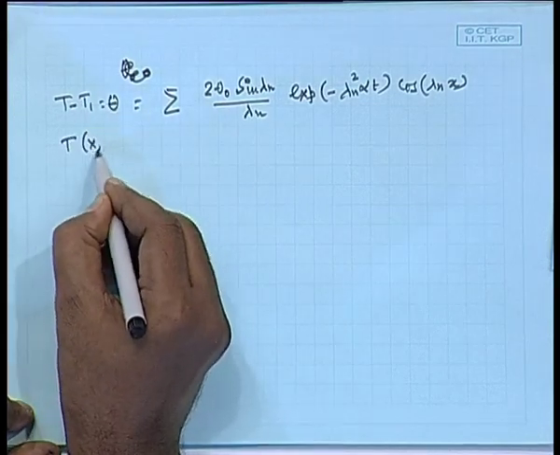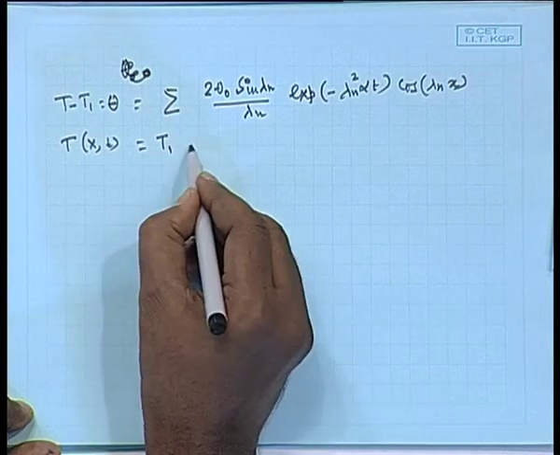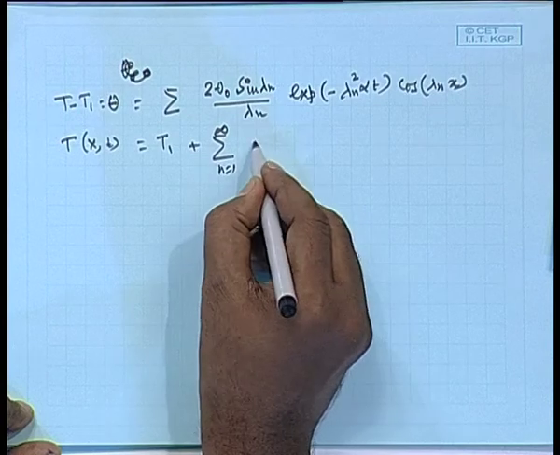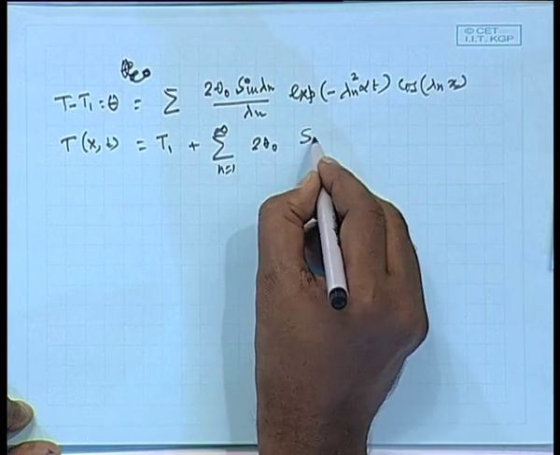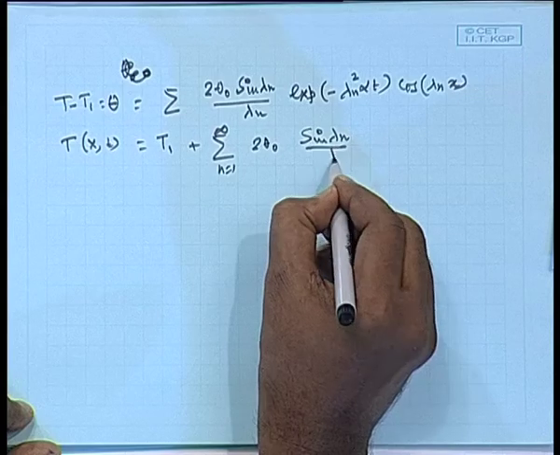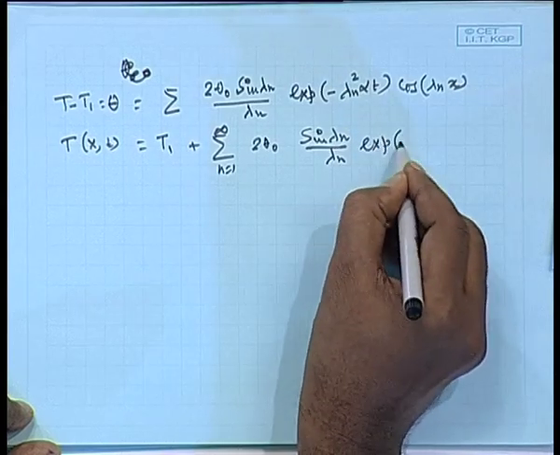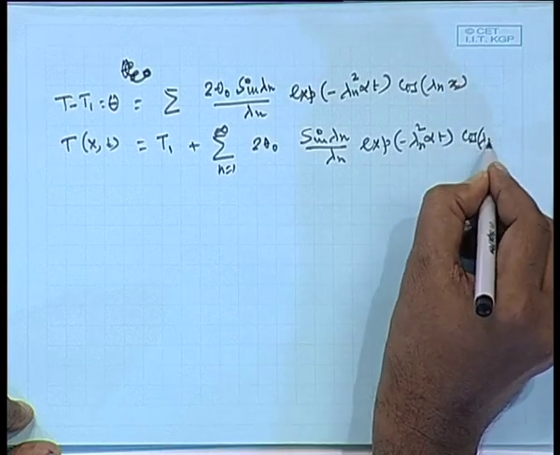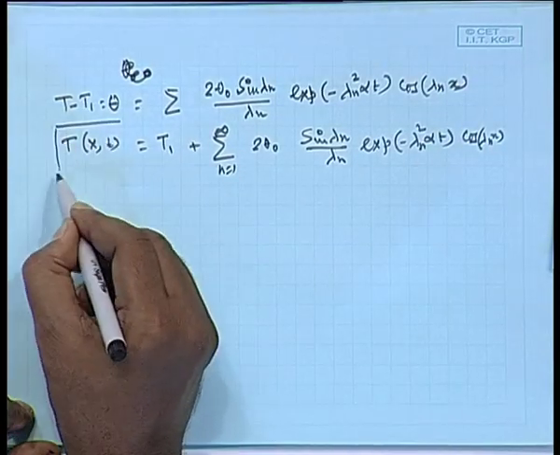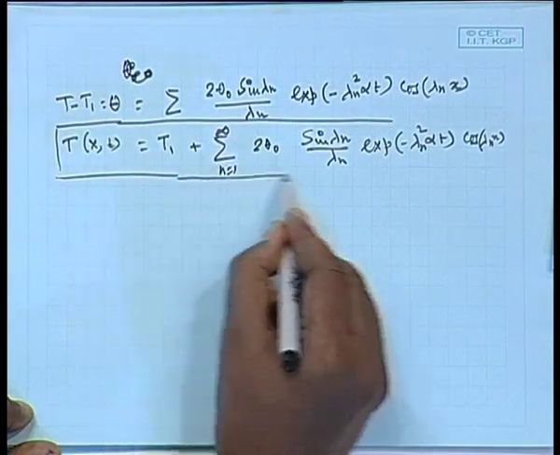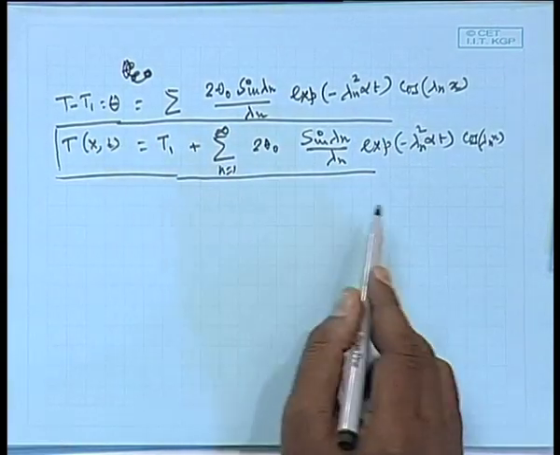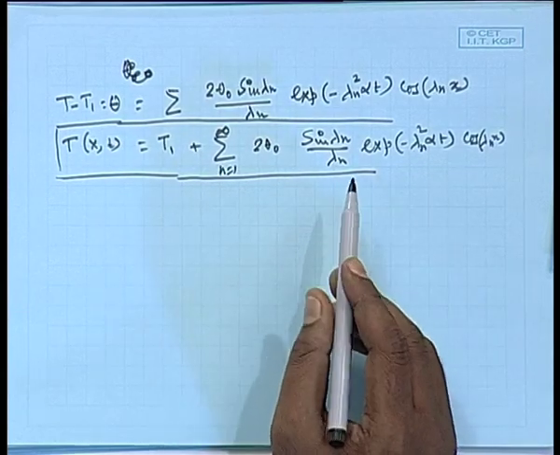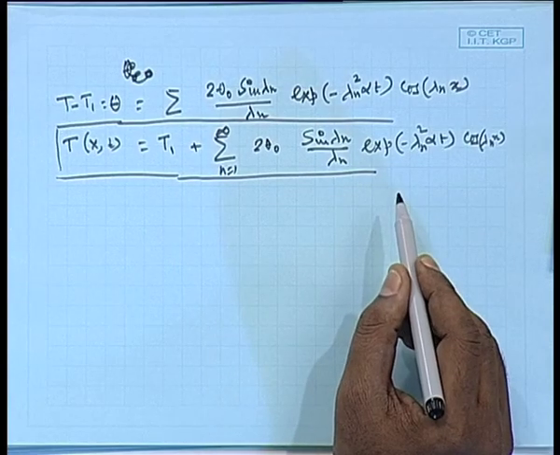So, T as a function of x and t will be equal to T1 plus the summation from n equal to 1 to infinity of 2 theta 0 sin lambda n over lambda n, exponential minus lambda n square alpha t, cosine lambda n x. Okay. So, this constructs the complete solution.